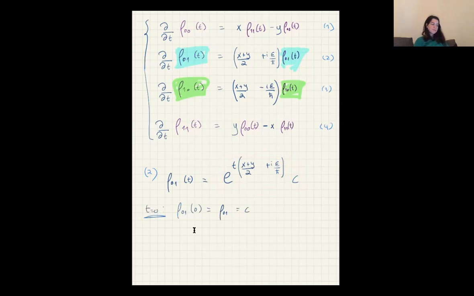Okay. So at t equals 0, we want this. So this is where the physics comes in, right? We want it to be the initial density matrix of the system. Okay.